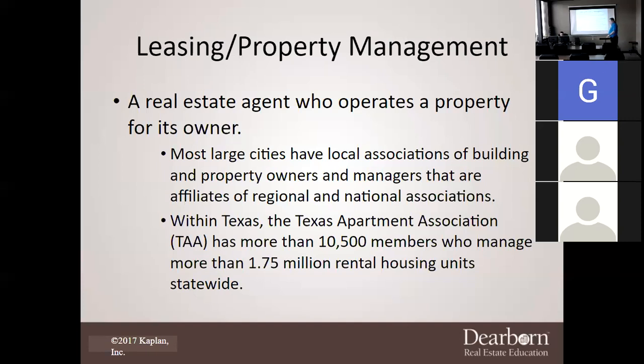But if you are managing 1, 2, 3, even up to 10 properties, it ain't worth it. It ain't worth it. Because liability is super high with property management. Probably the number one reason that most real estate agents get sued, property management. Okay? That's why I hate it, because it's the highest liability.